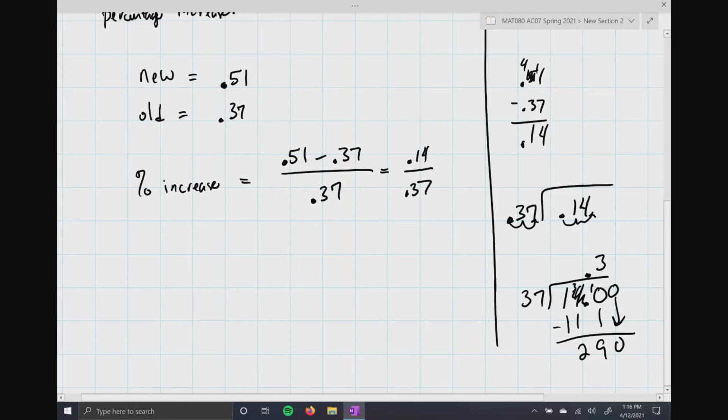All right. So I'm going to go 2 more numbers only because I want a nice percentage here. So let me see. 37 goes into 290 7 times. So 7 times 37. I hate this calculator so much. What is going on here?